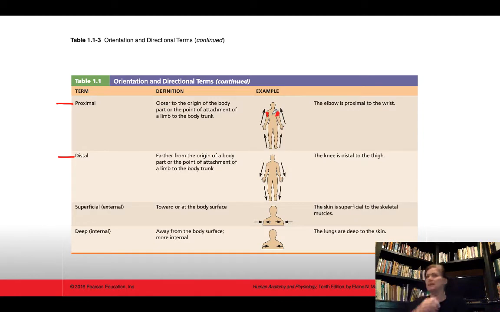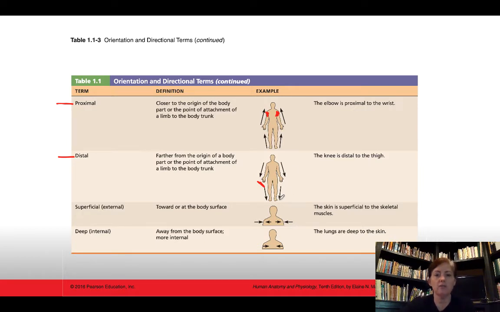So let's say the shoulder is proximal to the elbow, right? The shoulder is closer to the point of attachment of the arm to the body than the elbow is. For distal, it's going to be further away from that point of attachment of the shoulder or the hip to the body. So for distal, let's use a lower extremity one.